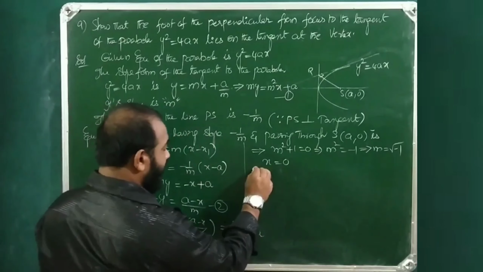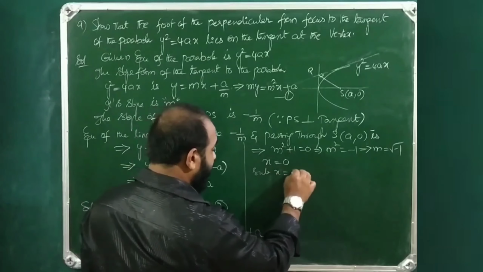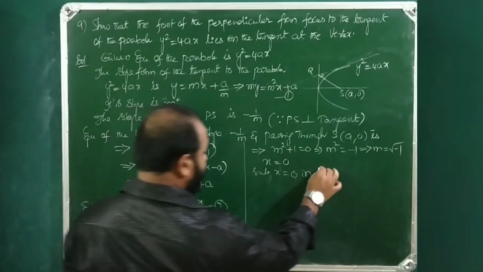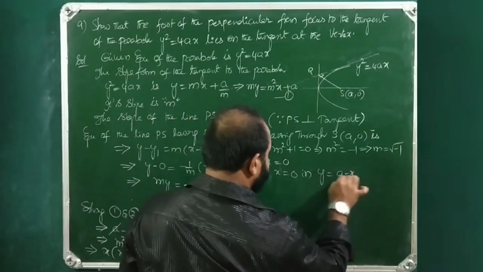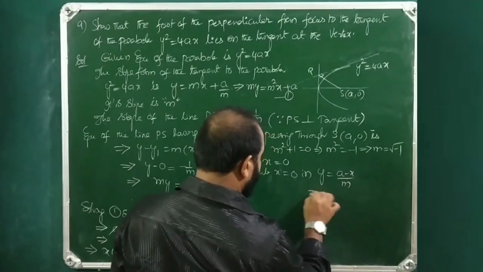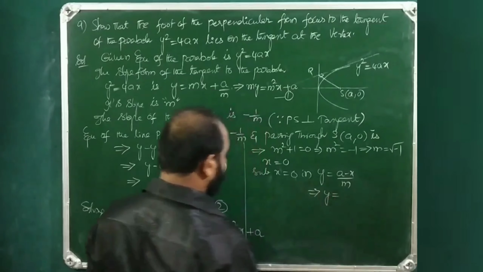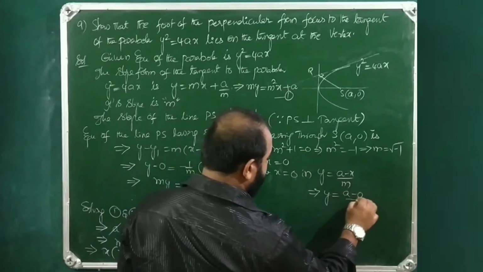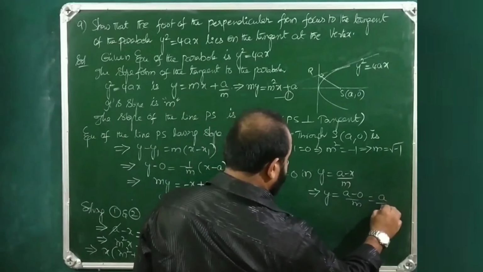So, substituting x equals to 0 in y is equals to a minus x by m, we will get y is equals to a minus 0 by m, which is a by m.